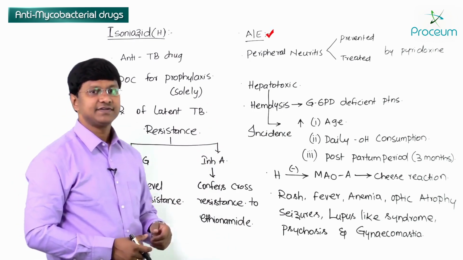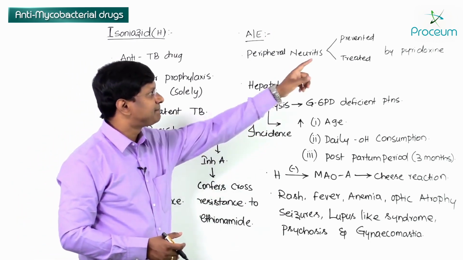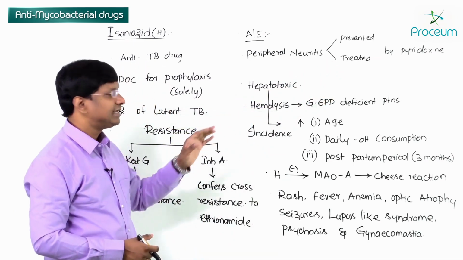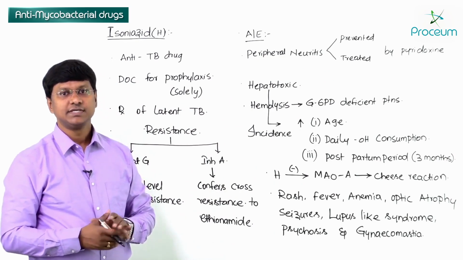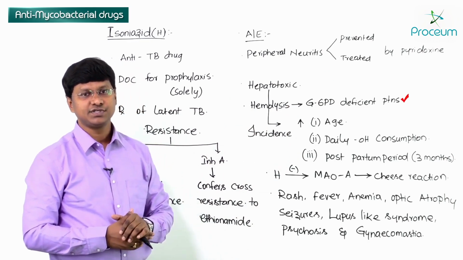And if you take the adverse effects, it causes peripheral neuritis that can be prevented and treated by pyridoxine, and it is a hepatotoxic drug, and can also cause hemolysis in G6PD deficiency patients.